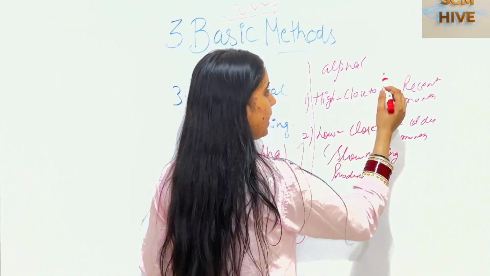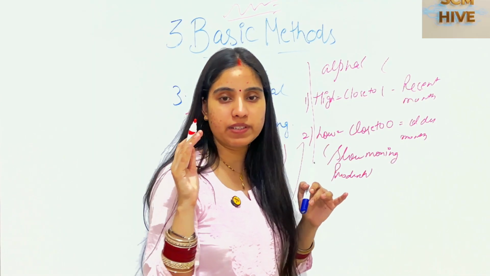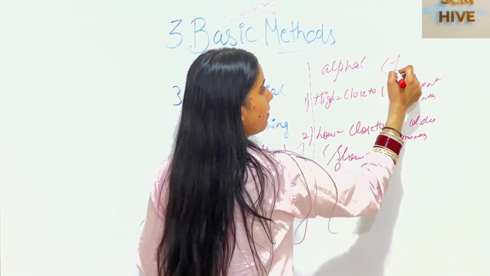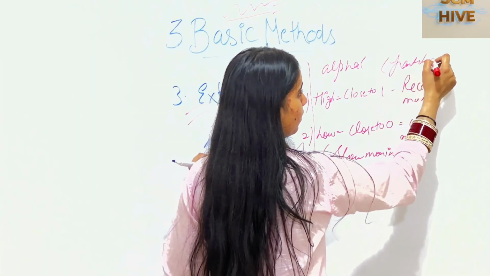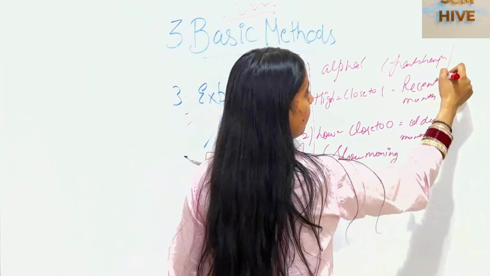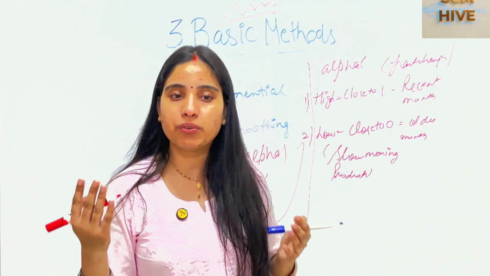If it's slow moving the alpha is low; if it's fast changing, like new products and new fragrances, the alpha is high.